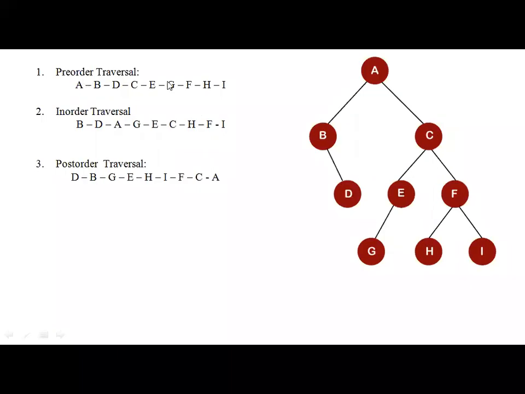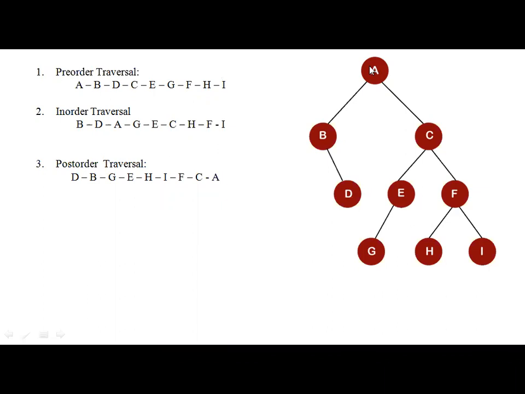These are the nodes visited when you traverse this tree in a pre-order traversal. Given a tree, you will be asked to find the nodes visited in pre-order, in order, or post order traversal.